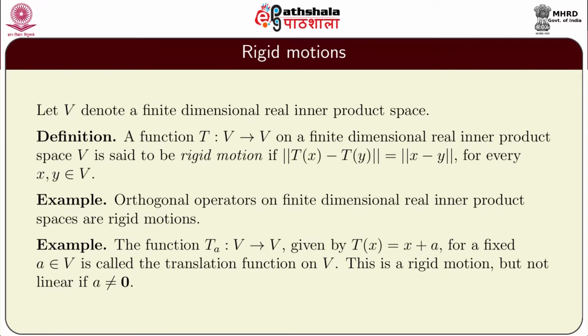Let V denote a finite dimensional real inner product space. Definition: a function T from V to V is said to be a rigid motion if norm of Tx minus Ty is equal to norm of x minus y for every x and y in V. The function T is not necessarily a linear function, that is what is to be noted here.